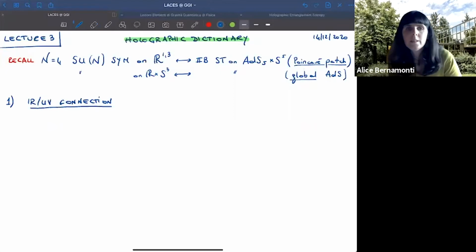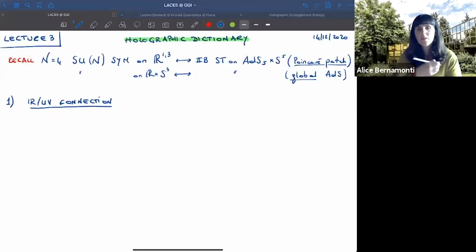We have seen that gravity in 5-dimensional anti-de Sitter space is related through the holographic principle to N=4 super Yang-Mills, living in one spatial dimension less, so in 3+1 dimensions.